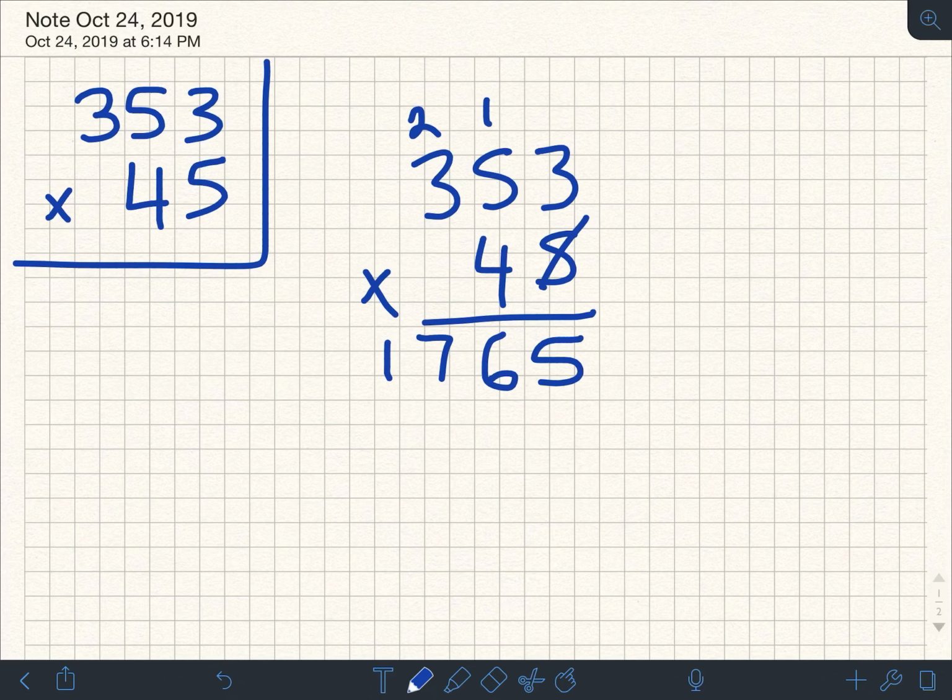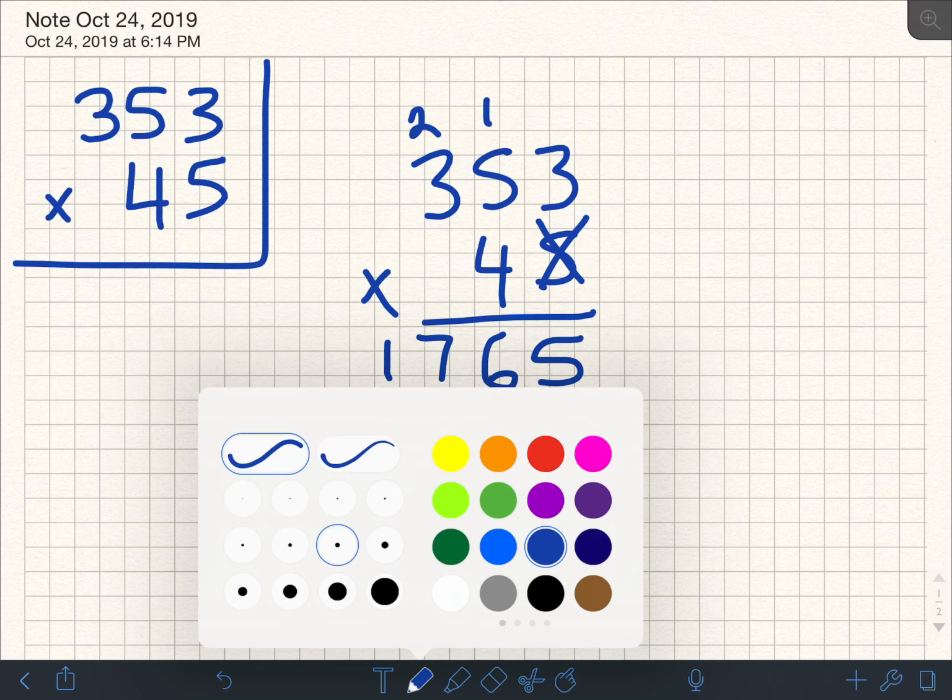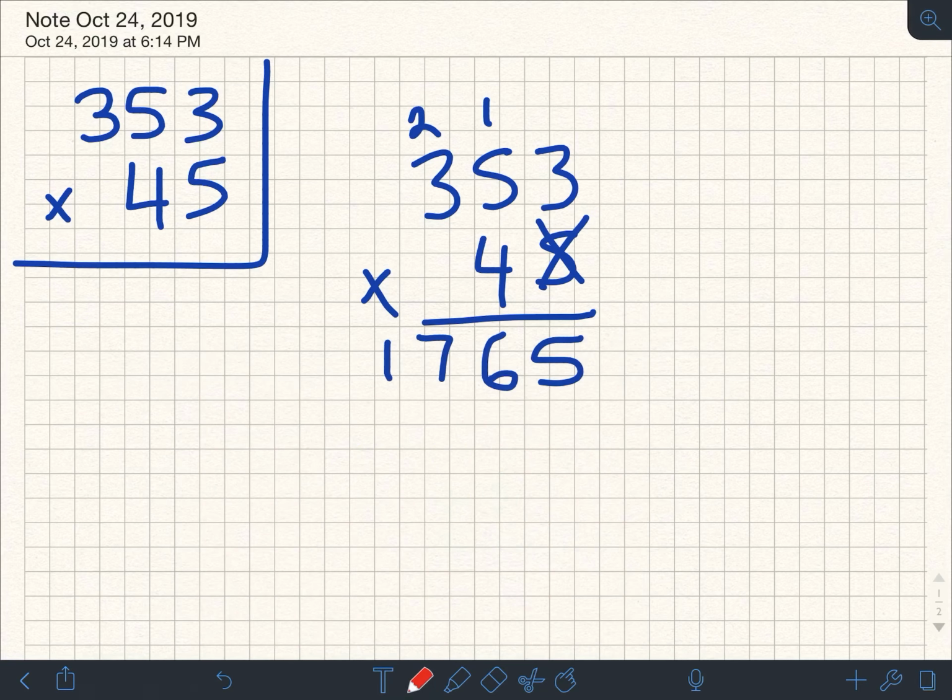So we are done with the 5, and I'm going to switch colors for the next one, and we are going to erase the 2 and the 1 that we carried. So now we have to add a placeholder under the 5 because we're not doing 4 times 3 and 4 times 5 and 4 times 3. We're doing 40 times 3, and by adding the 0, we're already putting that 0 in the place it goes in.